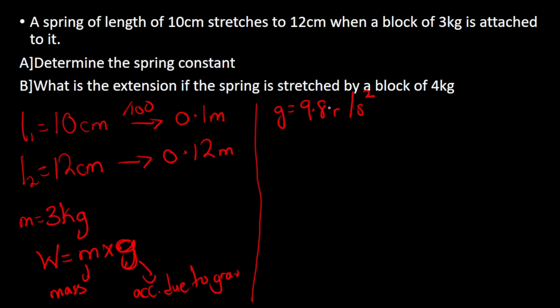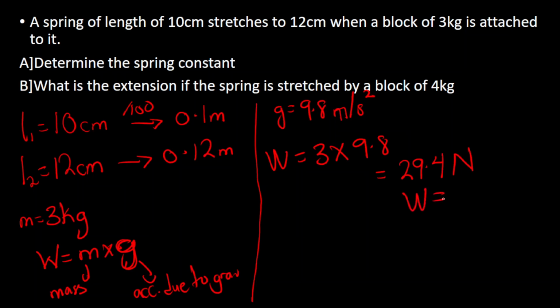Although some resources might put it as 10, for most problems you take G as 9.8 meters per second square. So our weight will be 3 times 9.8. If we use our calculator, 3 times 9.8 gives us 29.4 Newton. So this is the weight, or the force acting on the spring.